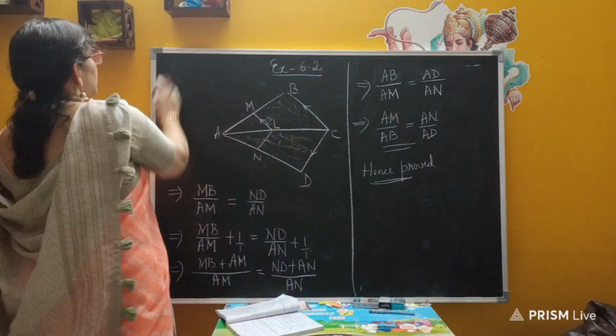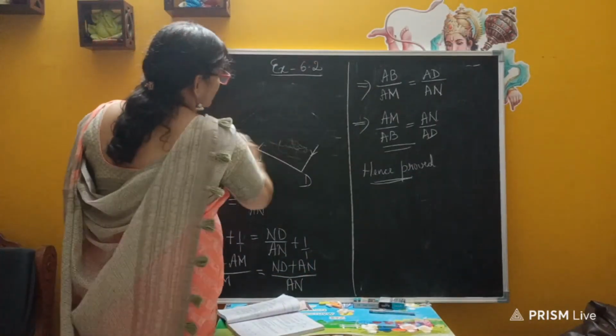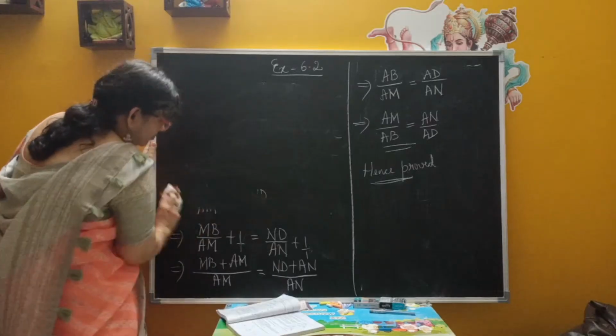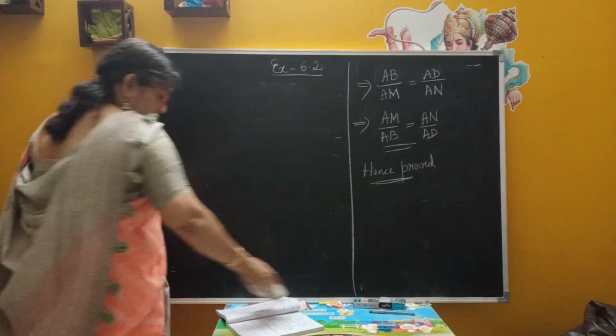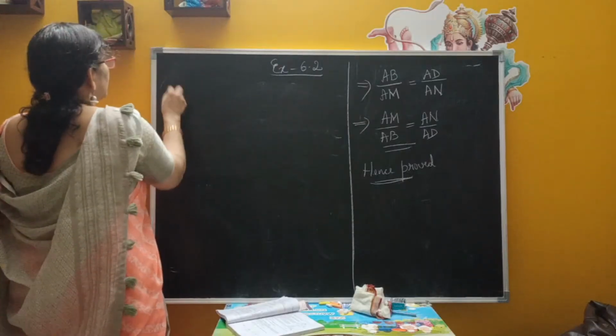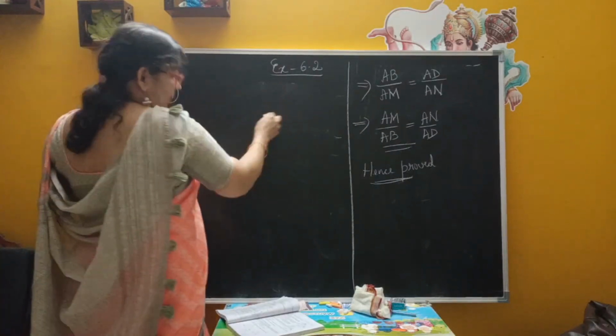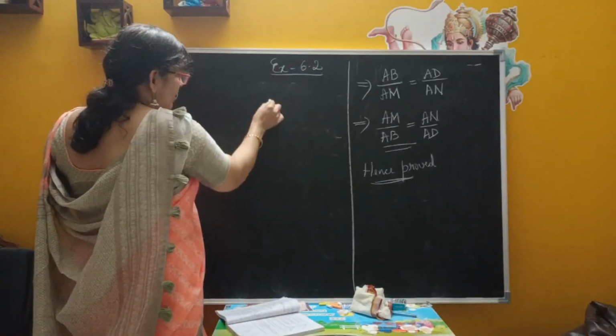So let us draw the figure. One triangle is given. ABC is a triangle.